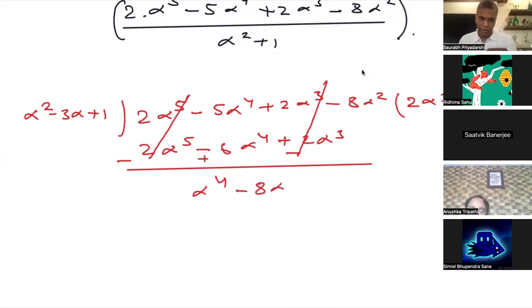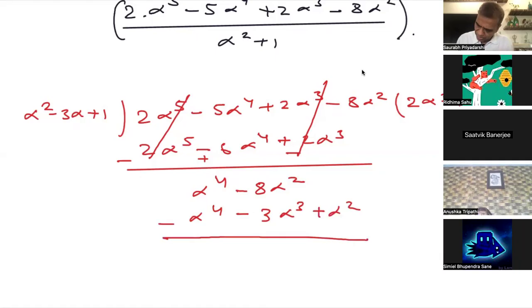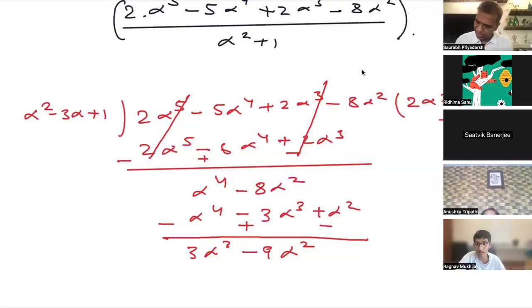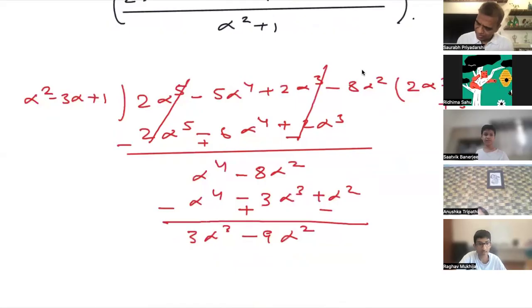So obviously, plus again alpha square, so alpha to the power 4 minus 3 alpha cube plus alpha square. I have to subtract, minus plus minus. This is 3 alpha cube minus 9 alpha square. Wow. Then we will apply the division algorithm. Yes sir, the alpha square minus 3 alpha plus 1 term will become 0, only the remainder will remain.